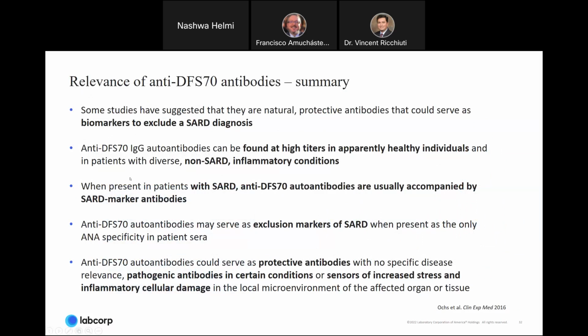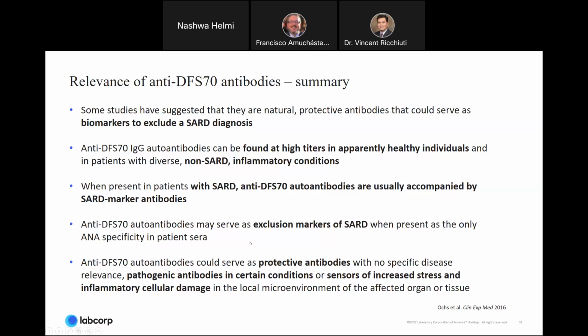We also discussed the anti-DFS70 antibodies, which are mainly IgGs, can be found at high titers in apparently healthy individuals and in patients with diverse non-systemic autoimmune rheumatoid disease inflammatory conditions. When present in patients with systemic autoimmune rheumatoid disease, anti-DFS70 antibodies are usually accompanied by systemic autoimmune rheumatoid disease marker antibodies.